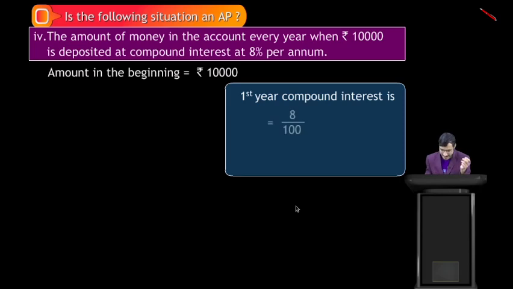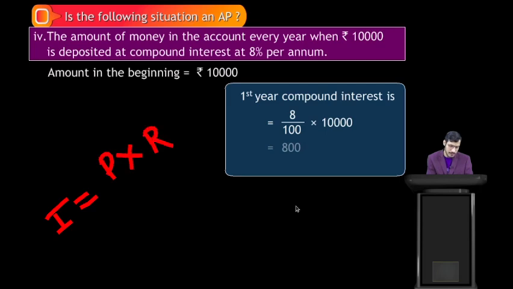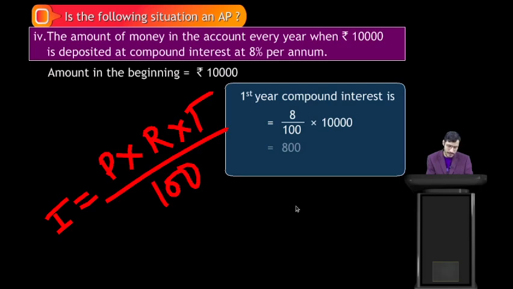That is P into R into T by 100. So here 8%, that means 8 by 100 into 10,000. Remember always the formula of interest: principal into rate into time by 100. Rate is 8% here, principal is 10,000, and time is 1 here.